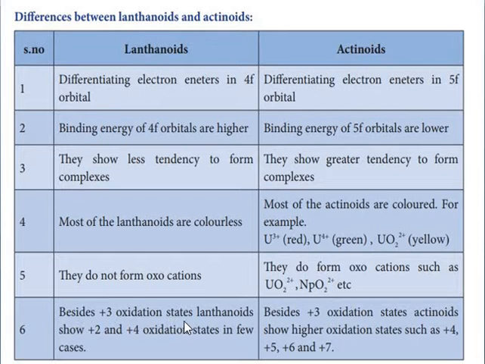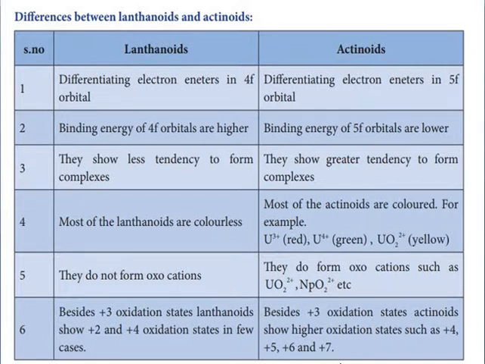Besides the +3 oxidation state, lanthanoids show +2 and +4 oxidation states in a few cases. This is already explained, along with the tendency to form complexes. And besides the +3 oxidation state, actinoids show higher oxidation states such as +4, +5, +6 and +7.